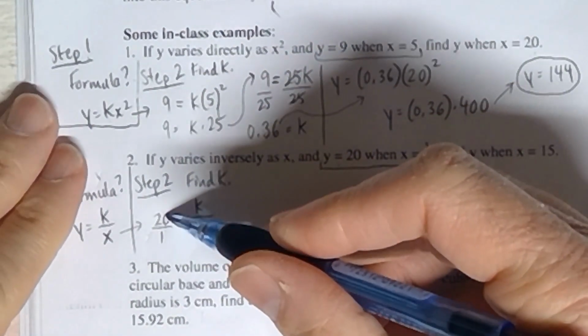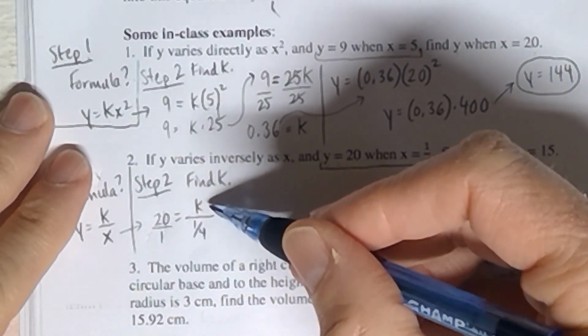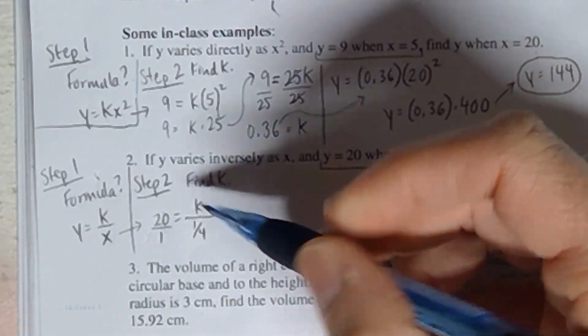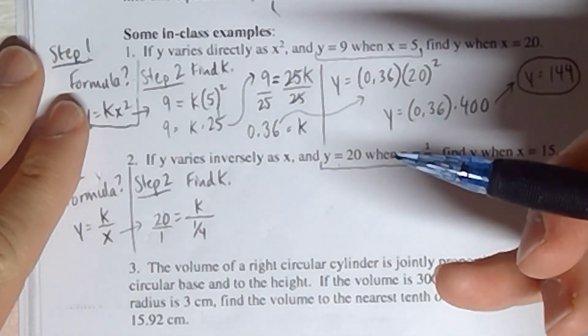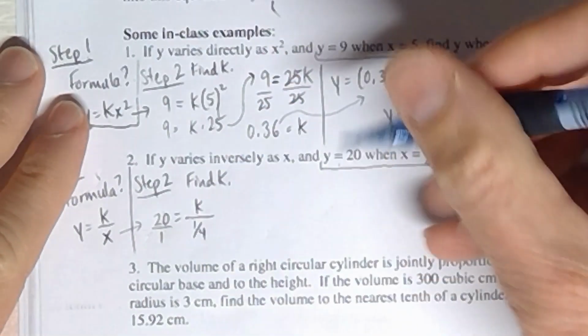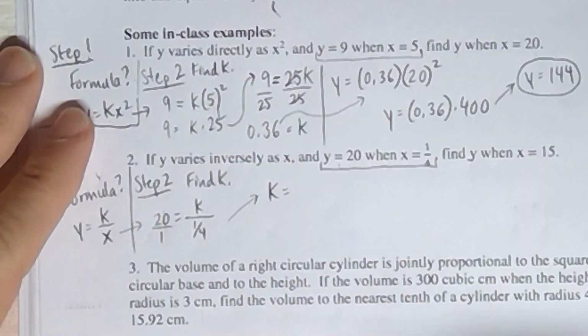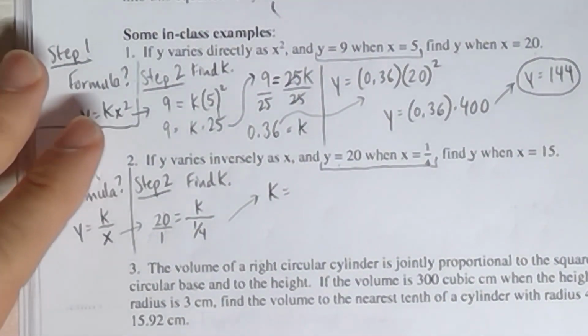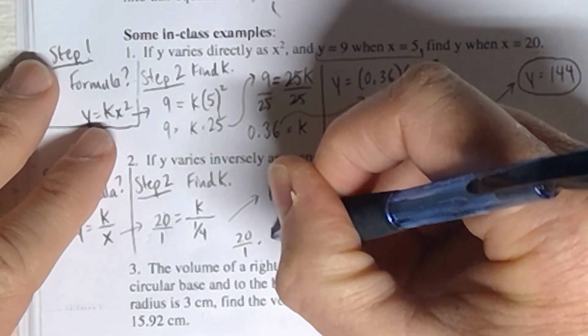So what we do is we multiply 20 times 1/4 and k times 1. We cross multiply, just like we always do when we have a single fraction on each side. So k times 1 is k, but what is 20 times 1/4? That is 20 over 1 times 1 over 4.